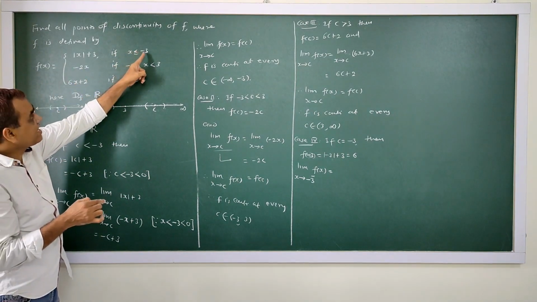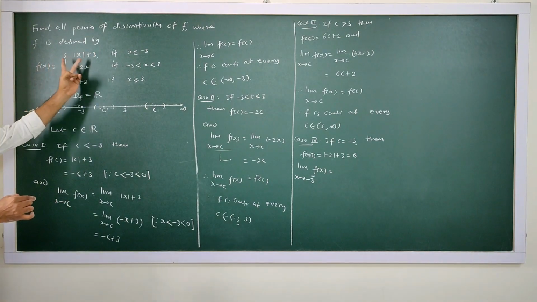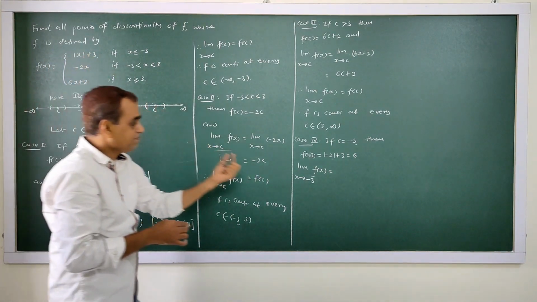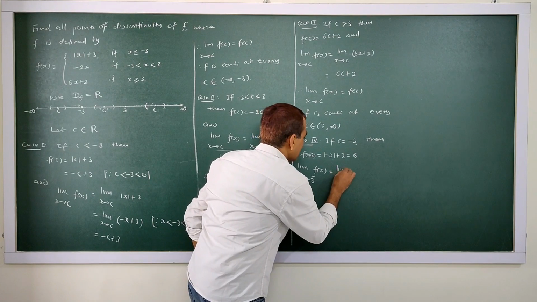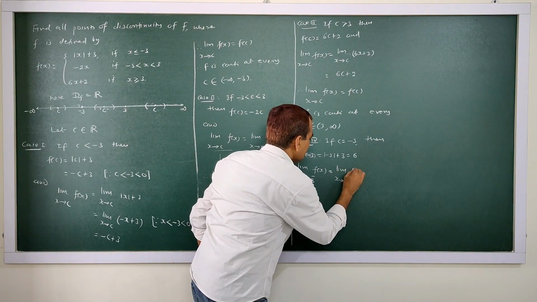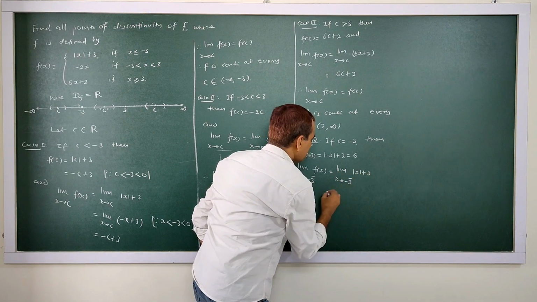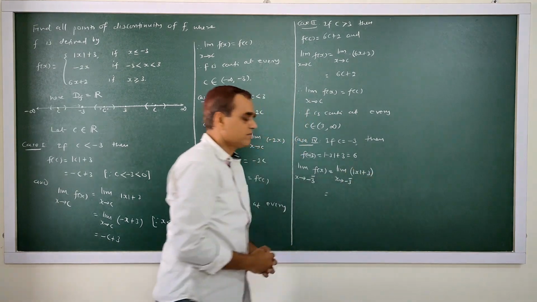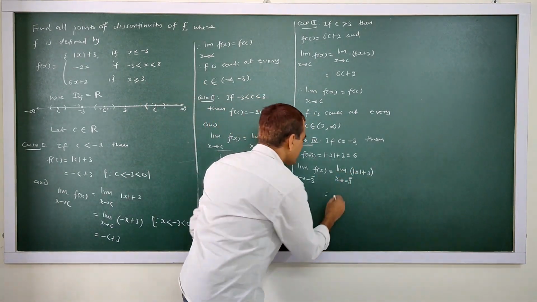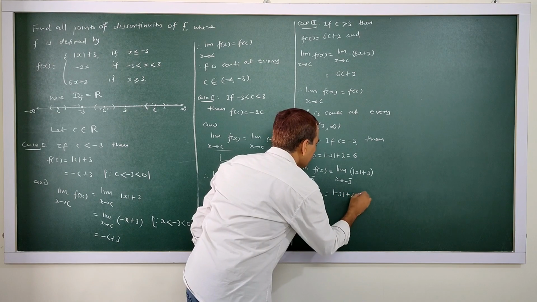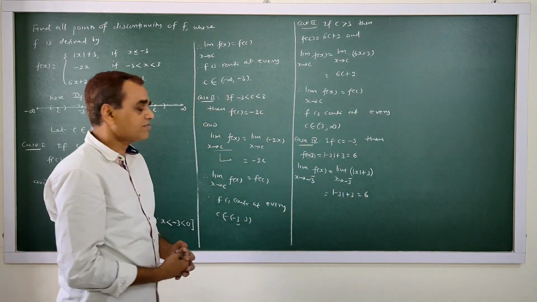And for x less than -3, f(x) is modulus x plus 3. So putting here -3, modulus of -3 plus 3, so it is 6.